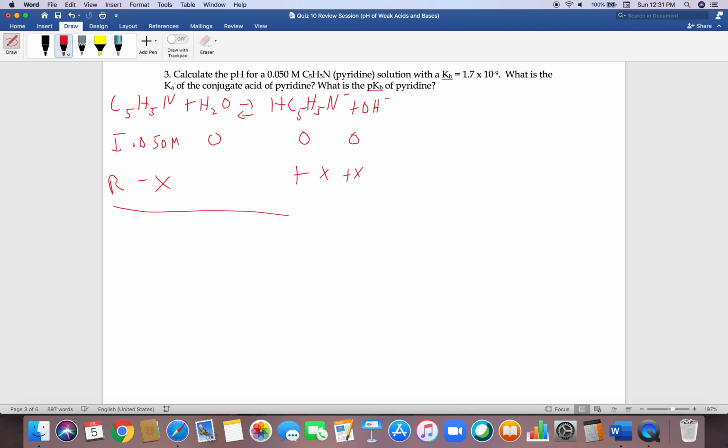So at equilibrium, I'll have 0.05 minus X, plus X, plus X. So my Kb would equal my hydroxide ion concentration times the conjugate acid, which is HC5H5N minus, over the pyridine concentration.